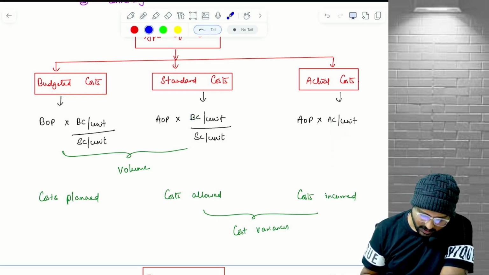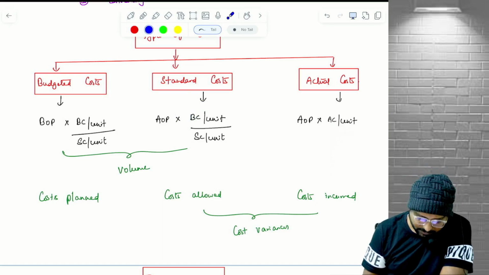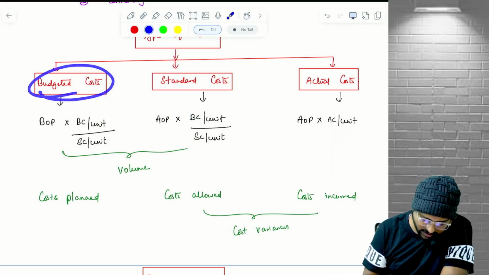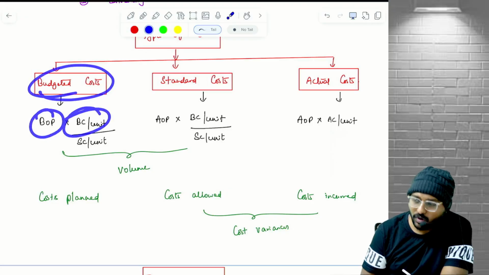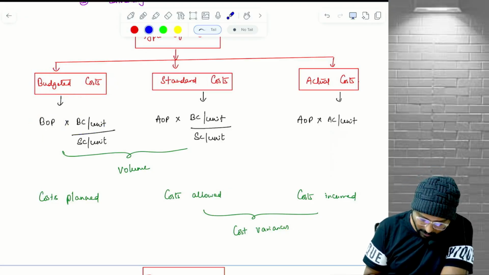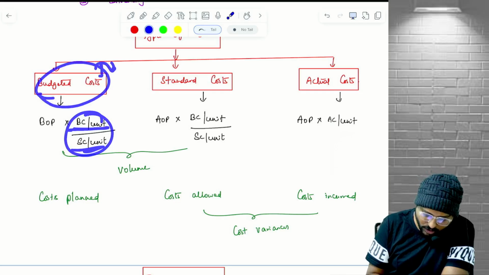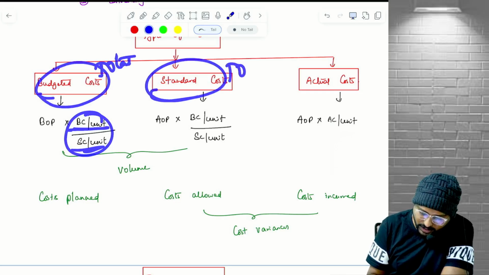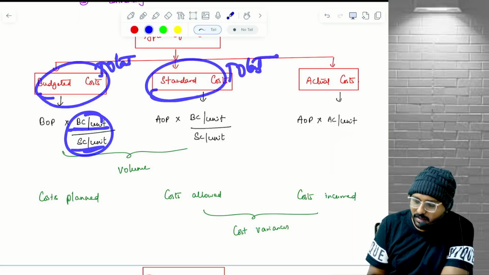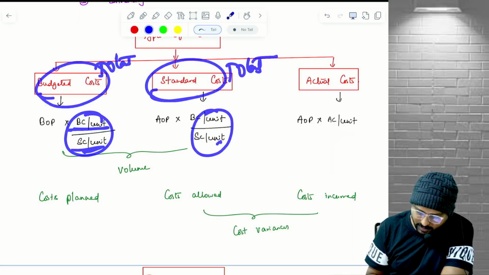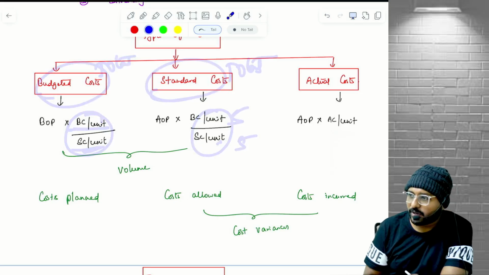Now, so therefore, now you know the meaning. Budgeted cost means budgeted output into budgeted cost per unit. Now remember, budgeted cost per unit and standard cost per unit are same. But budgeted cost in total and standard cost in total are different. Because when it comes to per unit, both are same. Budget cost is 5 rupees means standard cost is also 5 rupees.